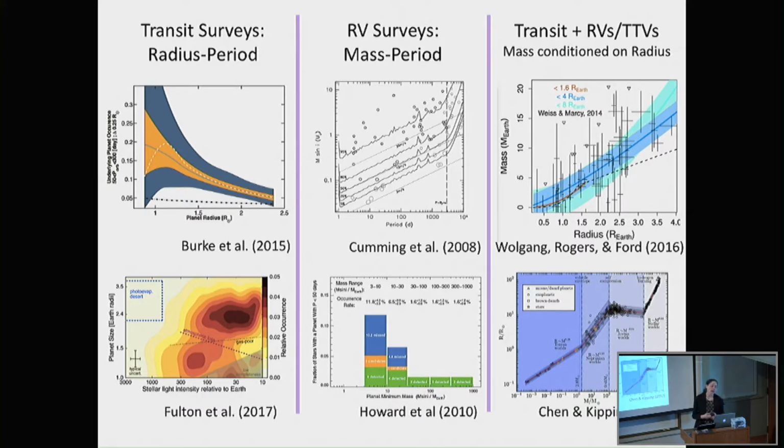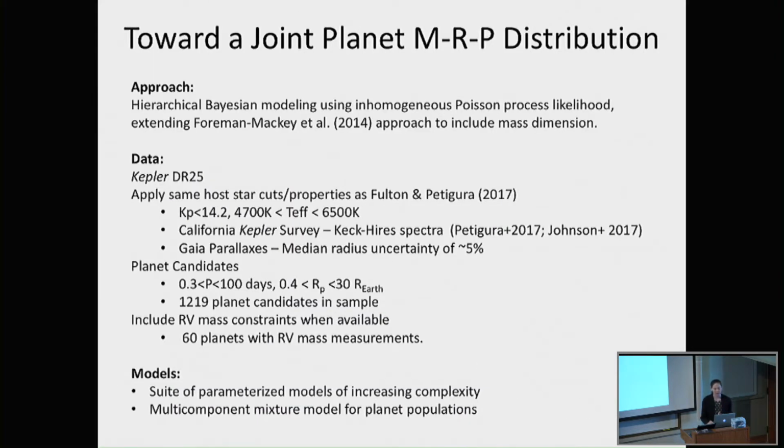And so Andrew and I have endeavored to take steps towards a 3D joint mass-radius-orbital period distribution of planets.